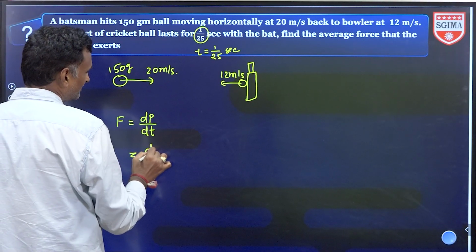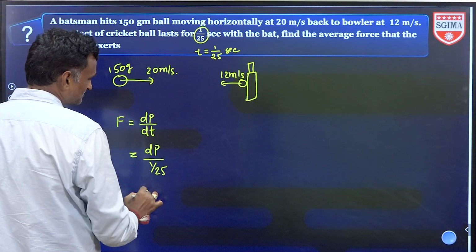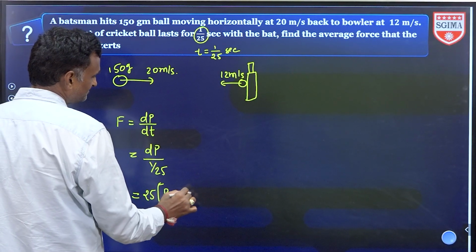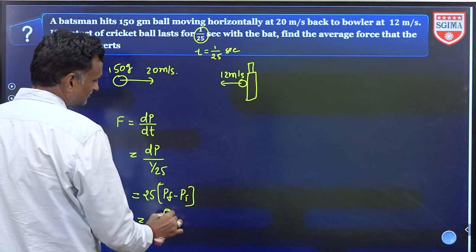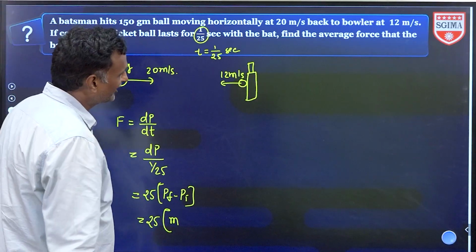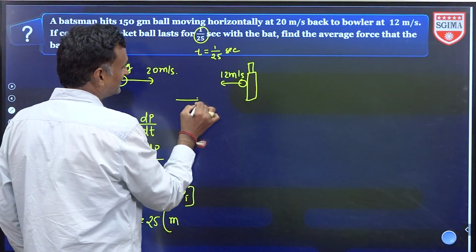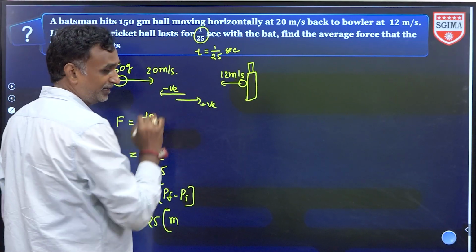So dp by 1 by 25, which is 25 into (p final minus p initial). So 25 into p final mass. The final one is to the left side. Suppose we take the right side as positive and the left side as negative.